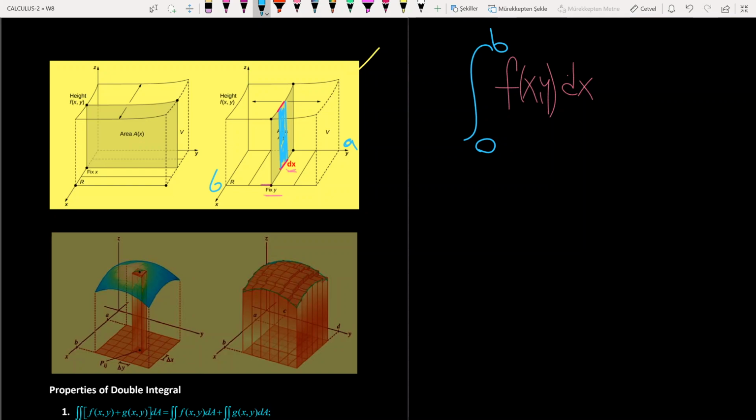If you obtain this integral, as a result you will find a function with respect to x. So what do we do here? We find the area of this sliver.